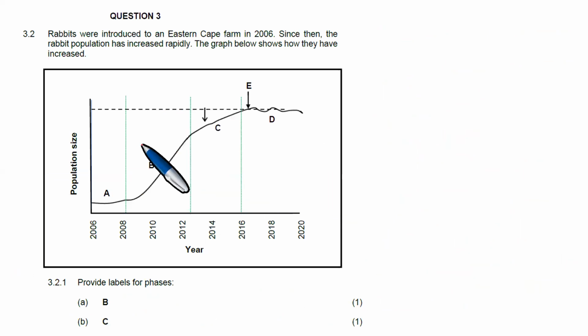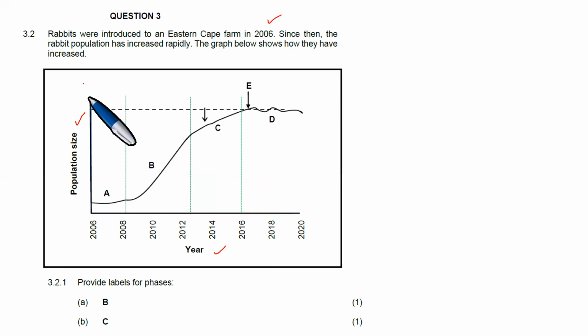Okay, there are things that are very important. The population is very important, and we shall discuss the idea of the population over a period of many years. For example, rabbits were introduced to an Eastern Cape farm in 2006.